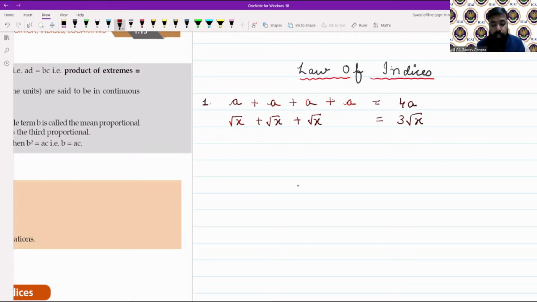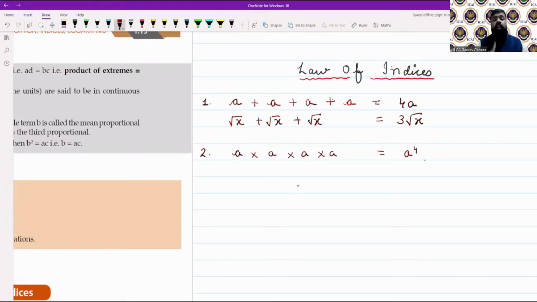But instead of addition, if it becomes multiplication, let's say a multiplied by a, multiplied by a, and again multiplied by a, then it will become a to the power of 4, because we are multiplying a 4 times.